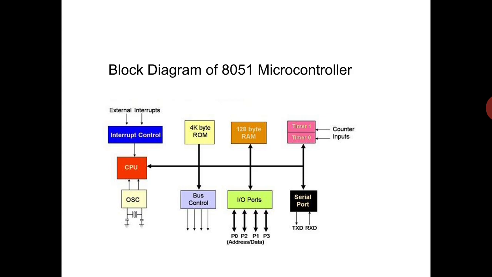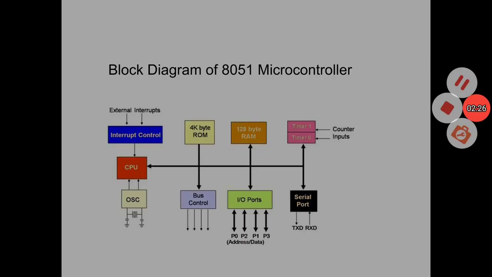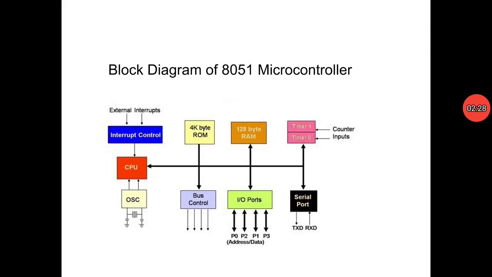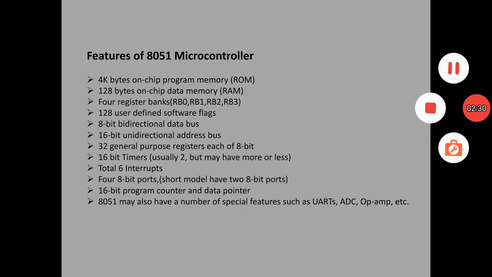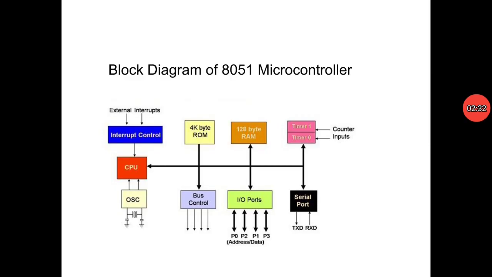Third one is program memory, that is ROM, whose size is 4 kilobytes. Any application's code is stored in the program ROM. The program counter is used to access information from the program ROM.